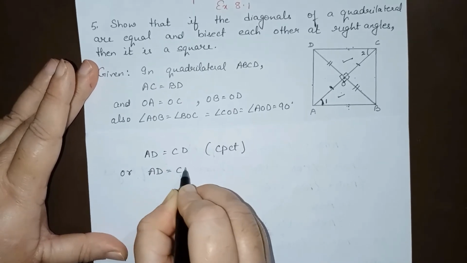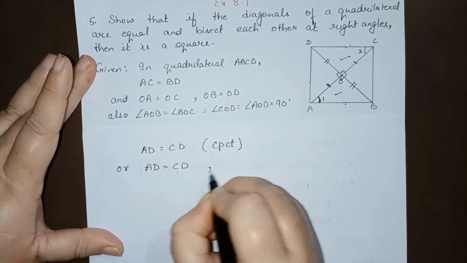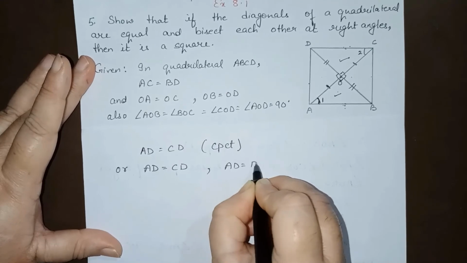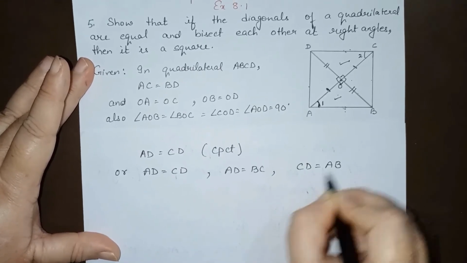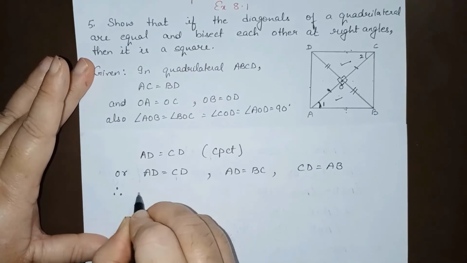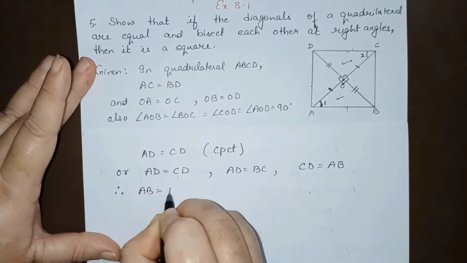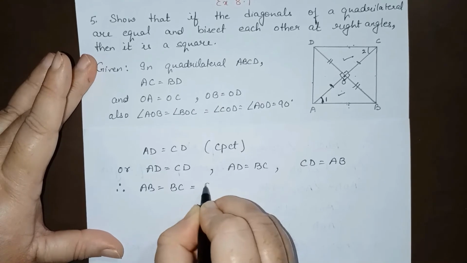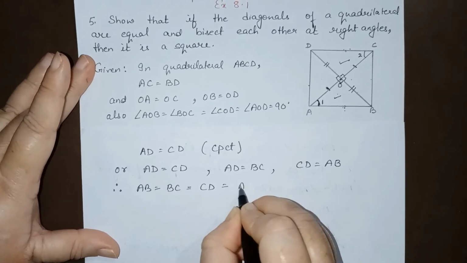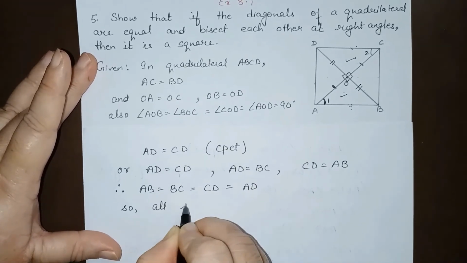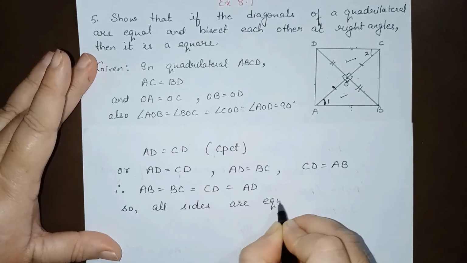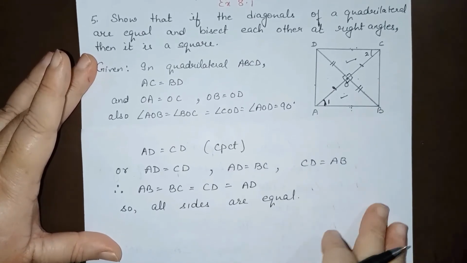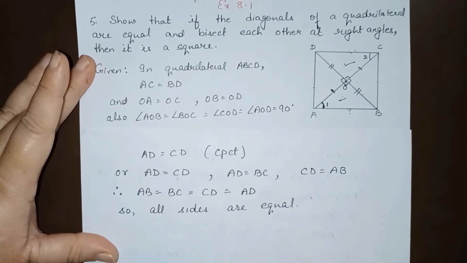AD is equal to CD, AD is equal to BC, CD is equal to AB. Therefore, we have AB is equal to BC equals to CD equals to AD. All sides are equal. So till now we have proved that it is a parallelogram with all sides equal.